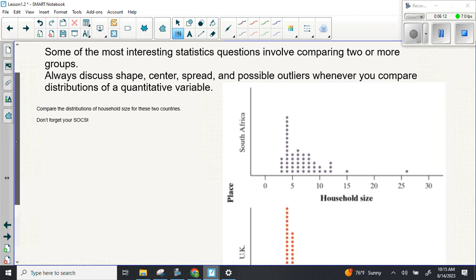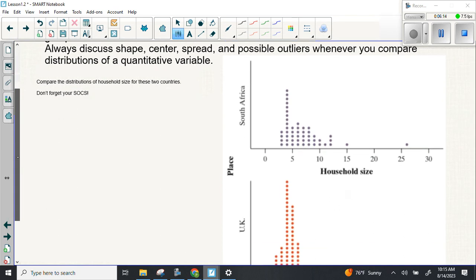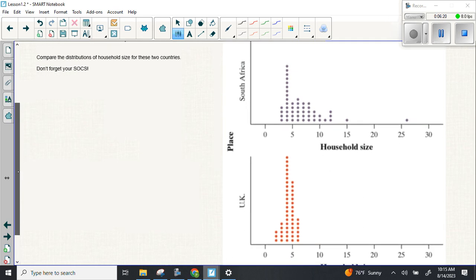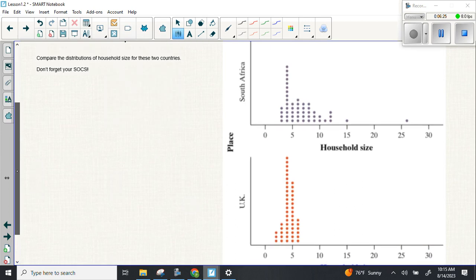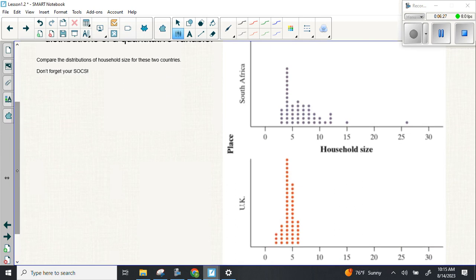So if we're comparing two distributions, right? If it's saying compare these two distributions, then you need to compare everything in size, okay? So anytime you're being asked to describe a distribution or compare two distributions, you need to be specific.